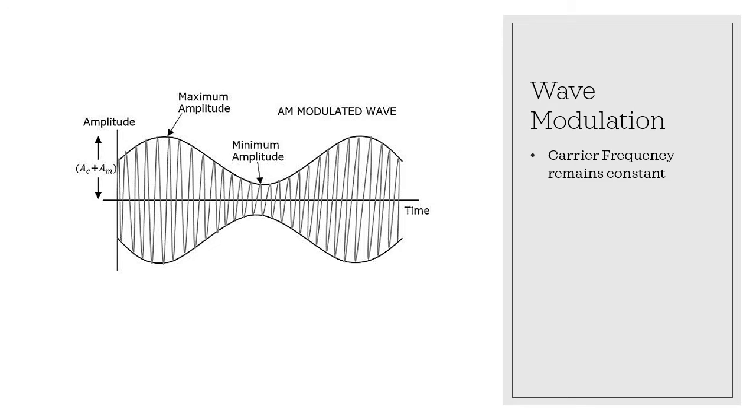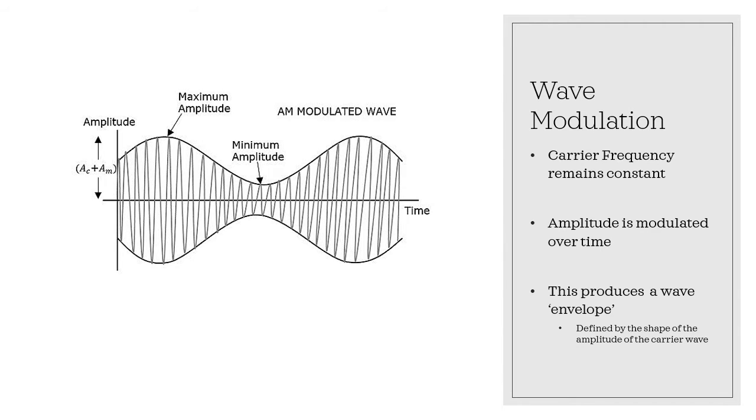So here's what the envelope detector is seeing. It's seeing a constant carrier frequency with an amplitude that is modulated over time, which has a max and a minimum amplitude. And then we care about the wave envelope, which is if you took a sketch of just the outline of all the peaks of our carrier wave, you'd have another wave produced from it with a lower frequency.